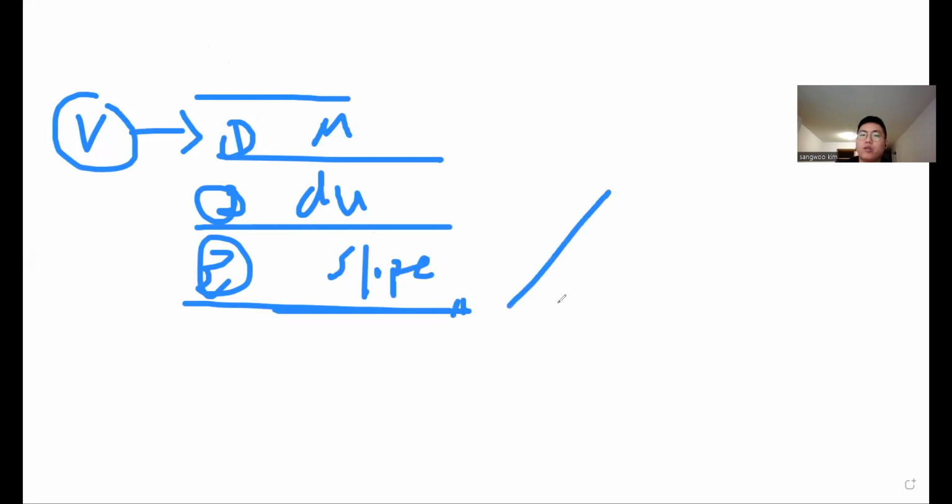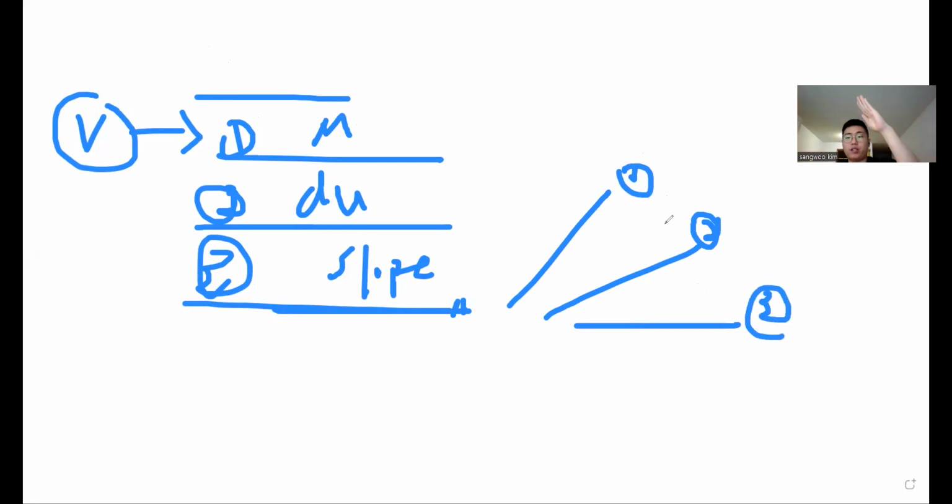Slope means how fast the voltage changes. For example, number one is steep, and number three is almost flat, right? So slope means how sharp it is, which means how fast the voltage changes within some specific time.